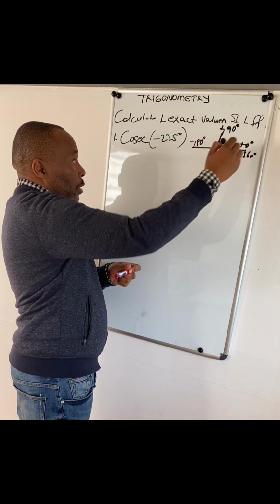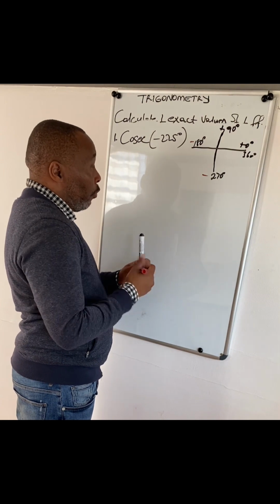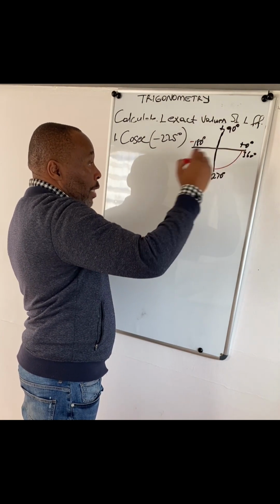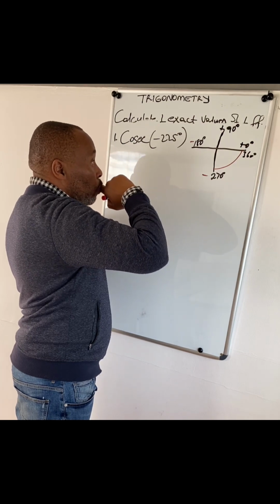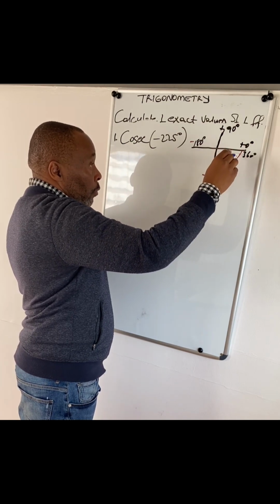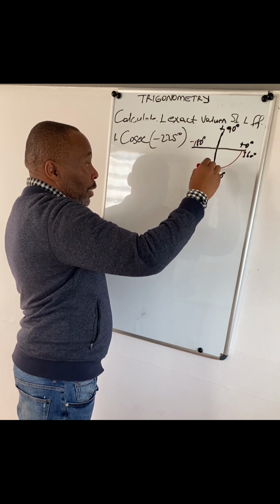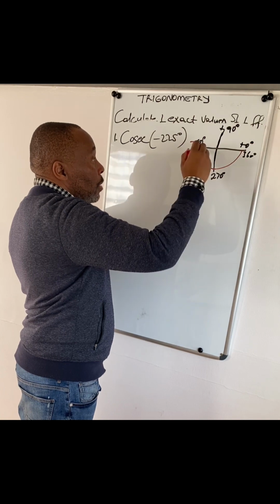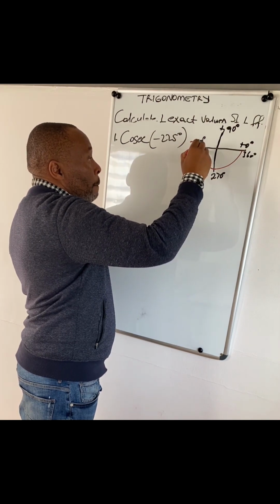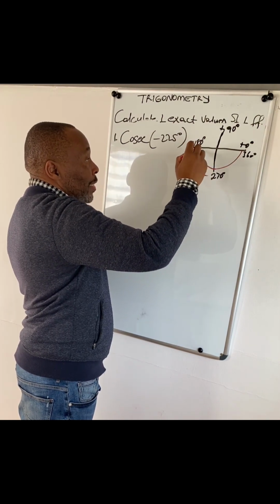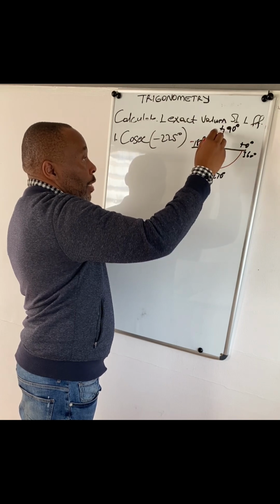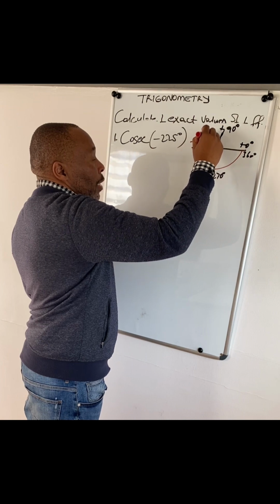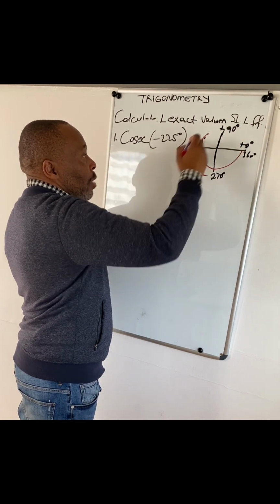It's a plus and it's a plus, right? And 225 is here, so we move from here, we say 90, we say 180 degrees, here it would be 270, so 225 should be somewhere here.